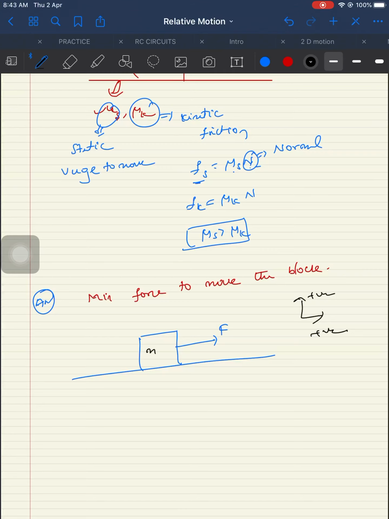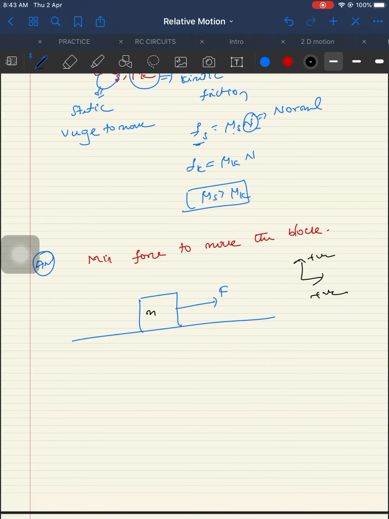After the directions, we discussed the free body diagram. In the free body diagram, one force that is acting is the applied force F, which is a contact force, and there is one more contact force, friction. Normal is there, in the upward direction. Friction is a contact force between the block and the contact surface.